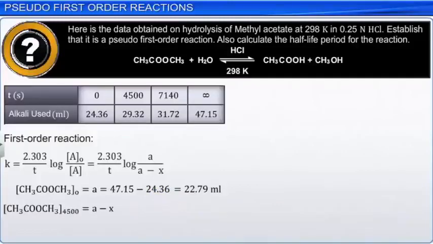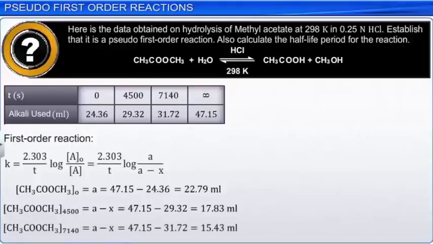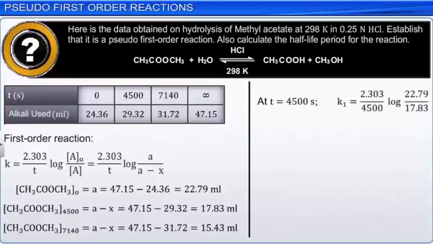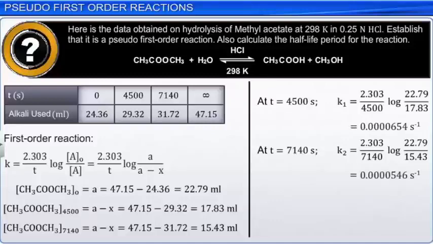Similarly, the concentration of methyl acetate at 4500 seconds is 17.83 milliliter, and at 7140 seconds is 15.43 milliliter. Now substitute the values of a minus x and t in the rate equation. On solving, we get the values of K fairly constant at the two different intervals of time. Hence, the reaction is of a pseudo-first order.